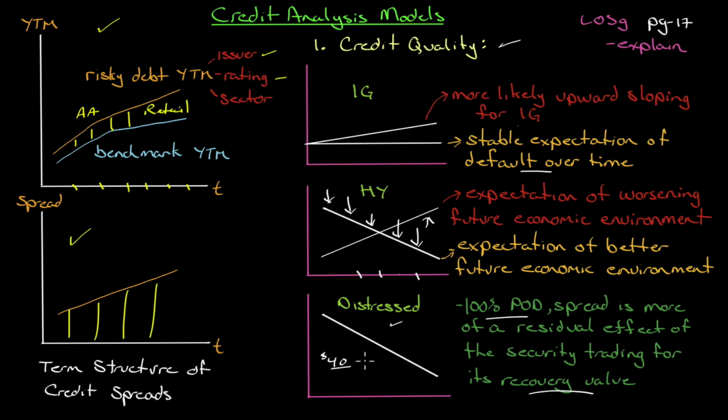However, I'm getting off topic here, the downward sloping term structure of the credit spread has no information. It's not suggesting that, well, if it's a distressed security that has a longer time to maturity, it'll have a lower credit spread. No, it's just a result of the math. That's all, and we'll see that shortly.